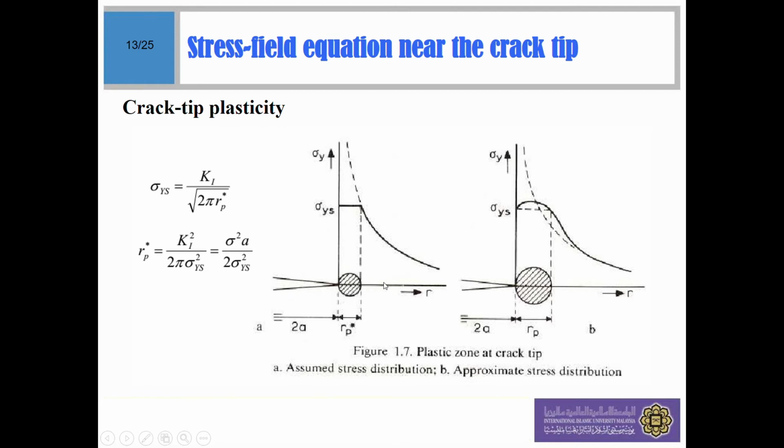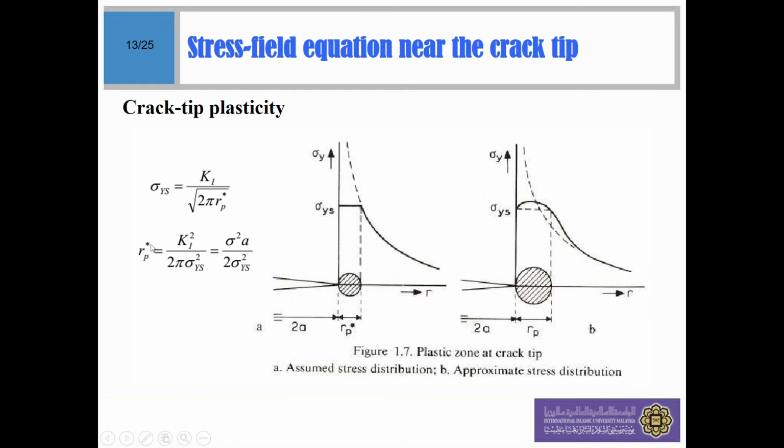Beyond that, it will only be elastic. You can measure this by using this equation: sigma ys, the yield stress, equals K1 divided by square root of 2 pi rp. This is the value of rp within this region.